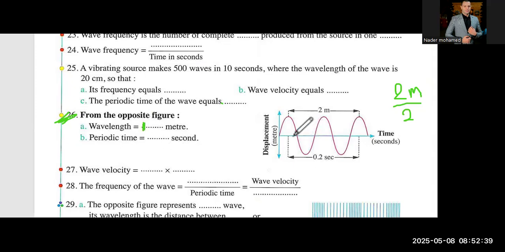The periodic time is the time taken to make one wave. Here, 2 waves take 0.2 seconds, so the time to make one wave will be 0.1 second.